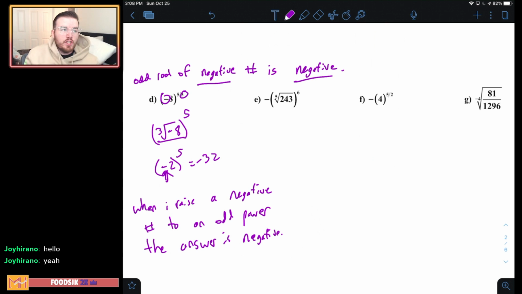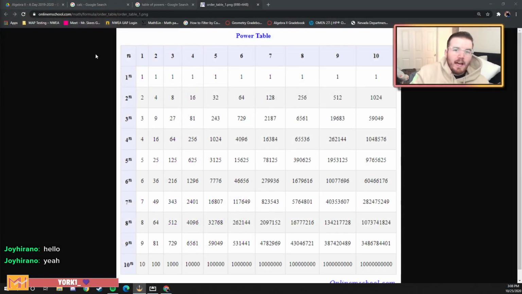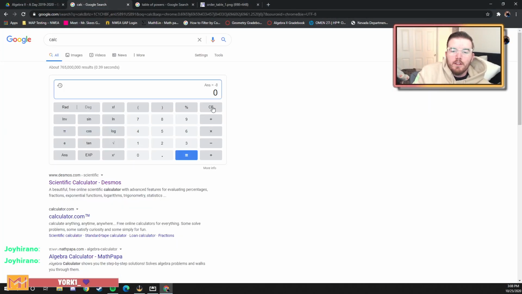So -2 squared, for example, is +4 because -2 times -2 cancels. But when I do a negative 2, 5 different times, well, the first 2 cancel, and the second 2 cancel. So that becomes +4. That becomes +4. 4 times 4 is 16. But the second you do that last one, +16 times -2 gives me -32.